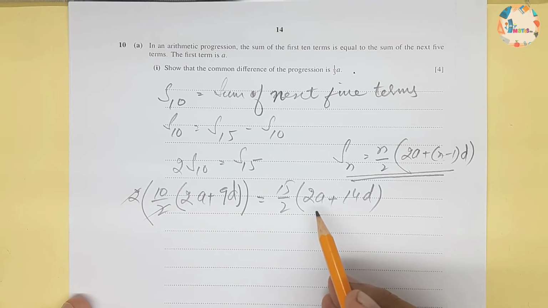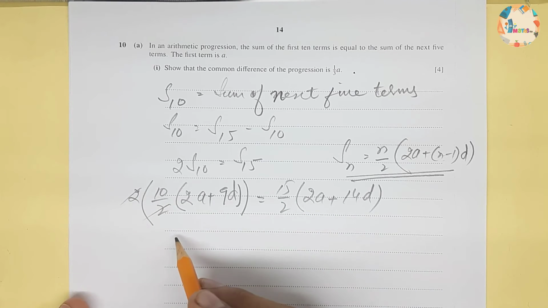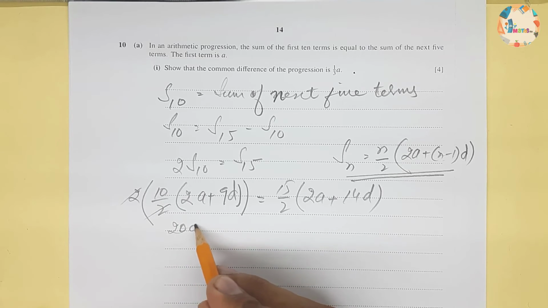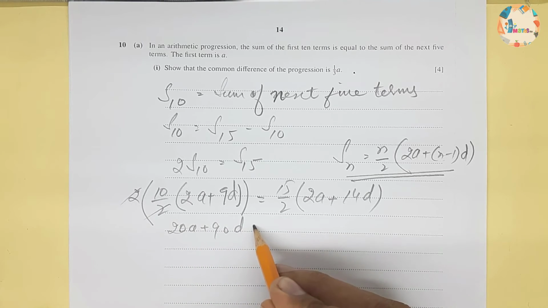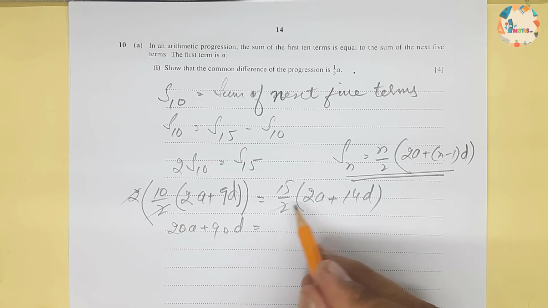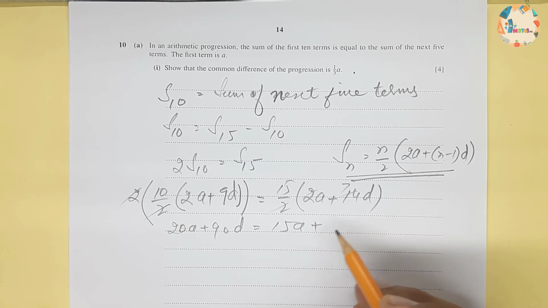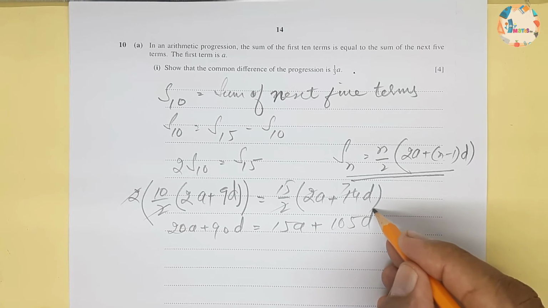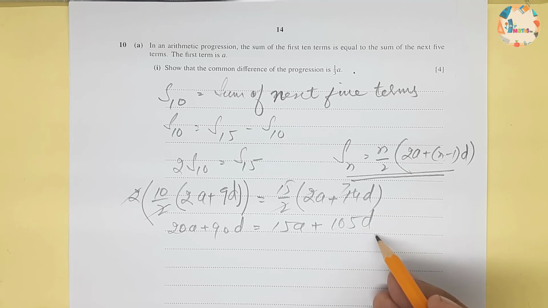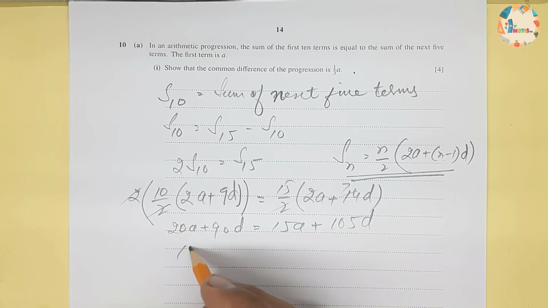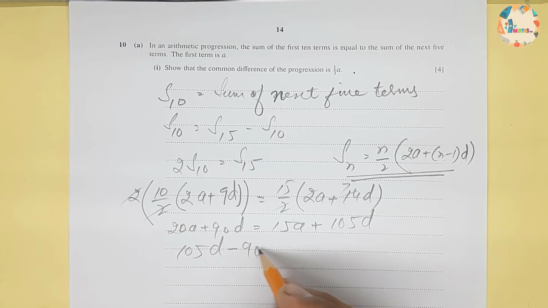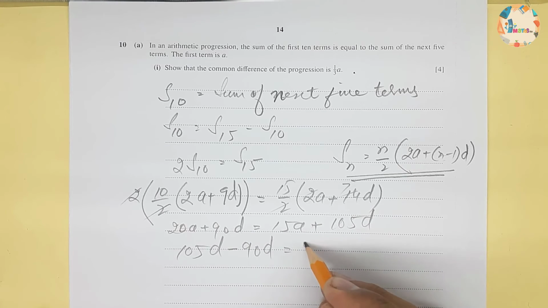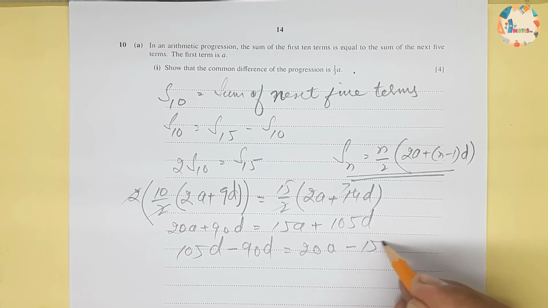So this 2 will be cancelled and we can multiply this as 20a plus 90d is equal to, this will be cancelled with this and this will be 7, so 15a plus 15 into 7, which is 105d. And now we can shift d to this side, so 105d minus 90d is equal to 20a minus 15a.